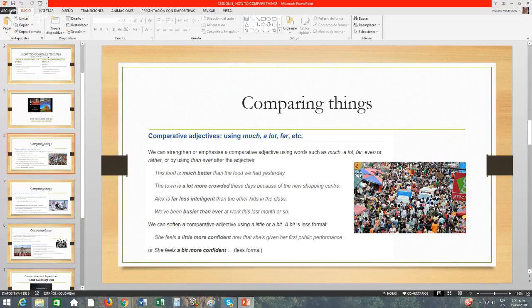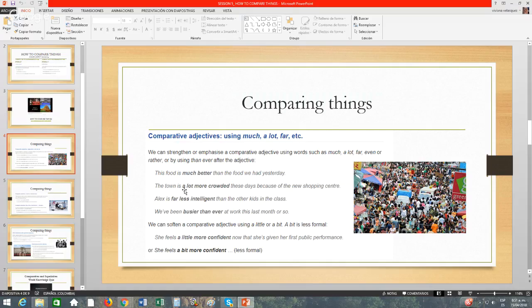So we use much, a lot, far, or even. For example, if you want to emphasize a little bit more, you say this food is much better than the food we have just. Much better, emphasize more the comparative, no? Mucho mejor, right? Much better.